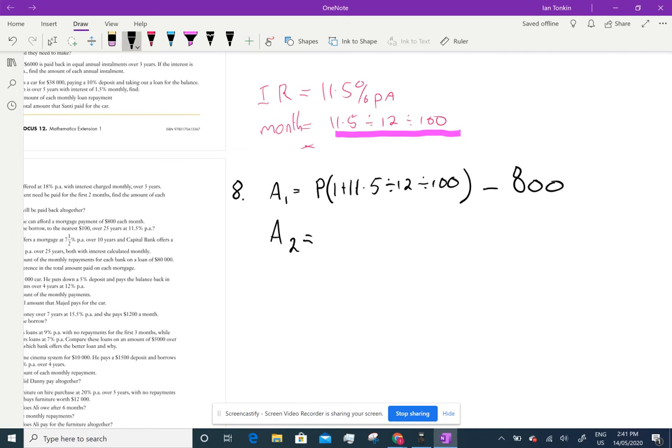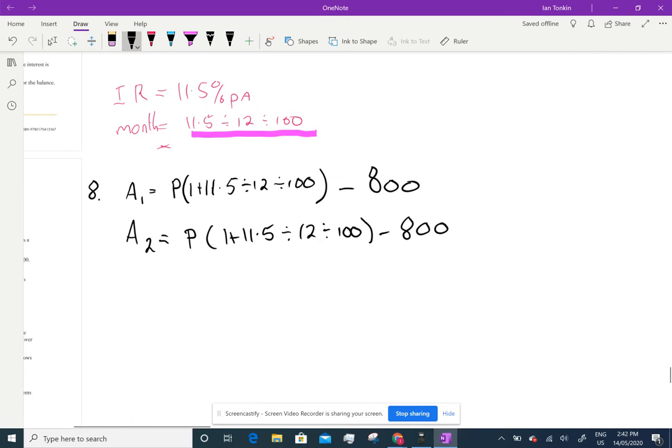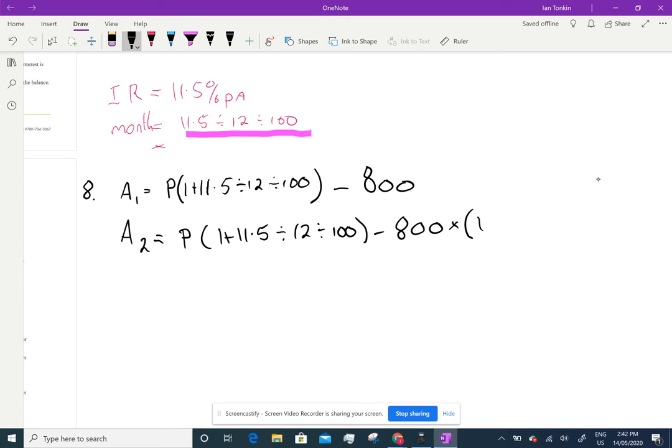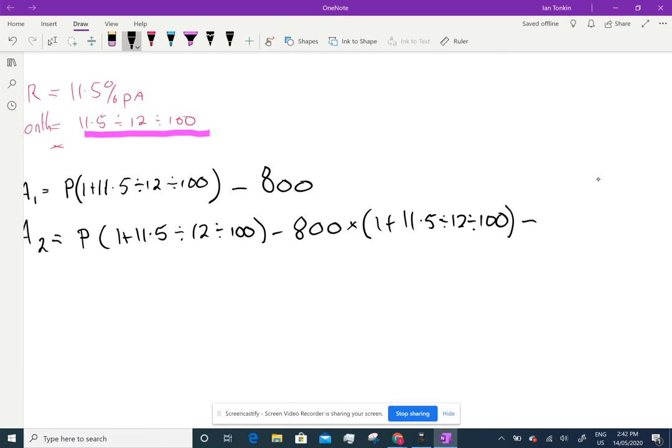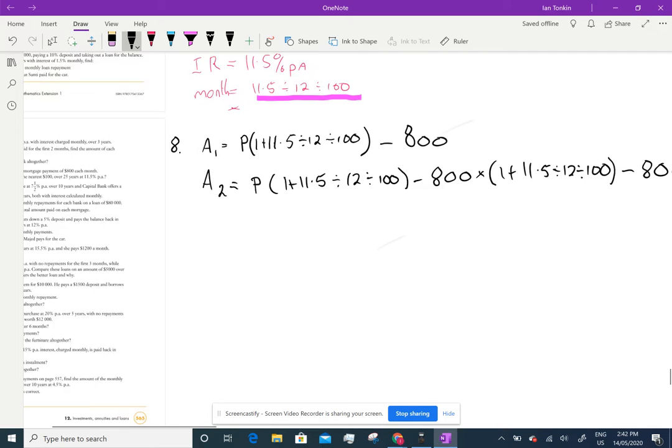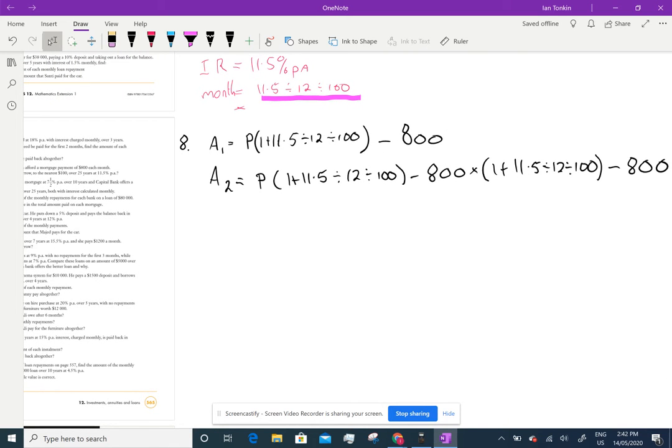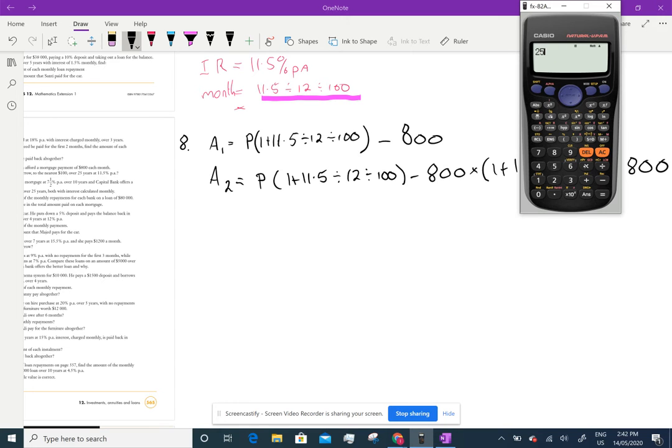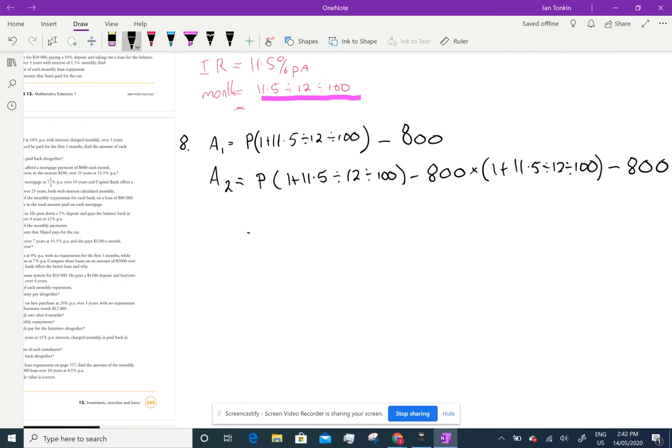A2 is going to be the principal times 1 plus 11.5 divided by 12 divided by 100, minus 800, times that all again, 1 plus 11.5 divided by 12 divided by 100, minus 800. This is going to go on for 25 years. So 25 times 12, 300.